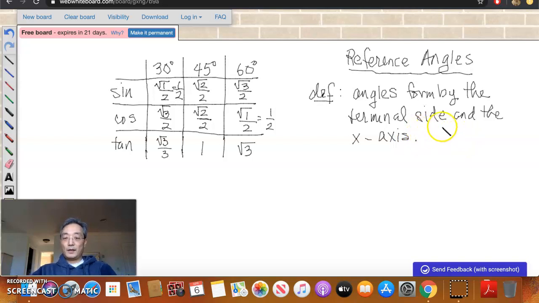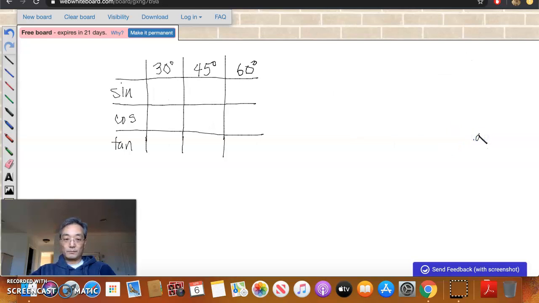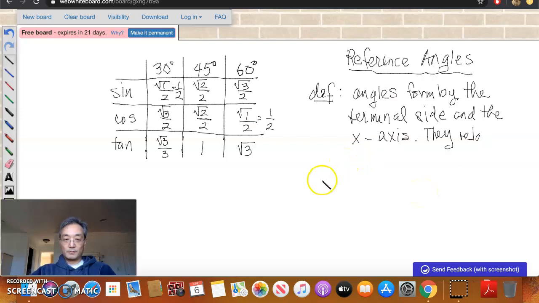Okay, and they relate to the acute angles in quadrant 1.